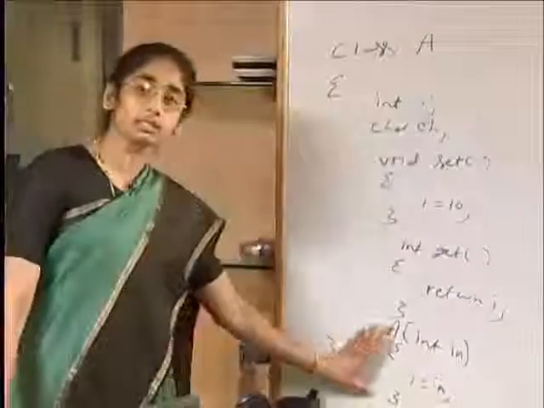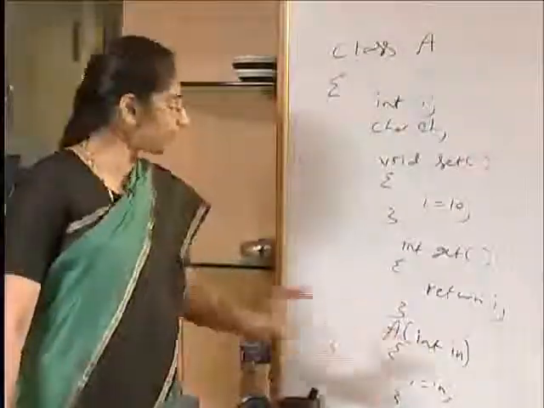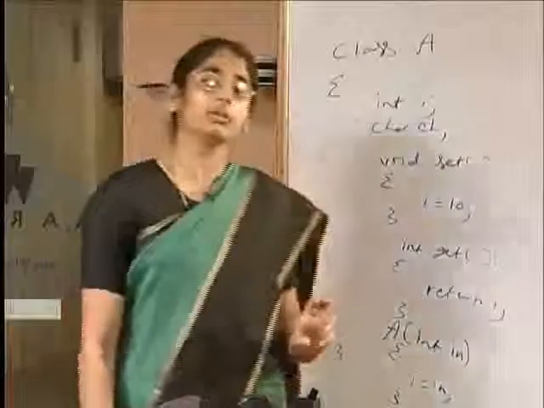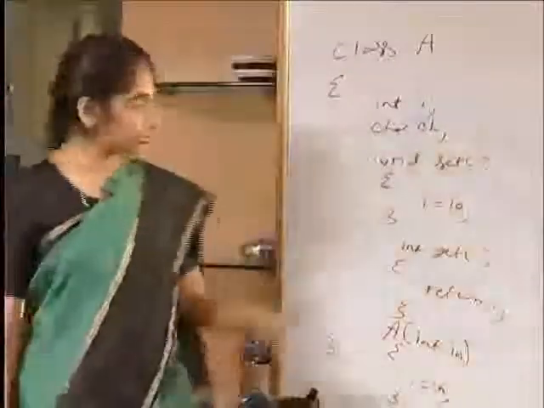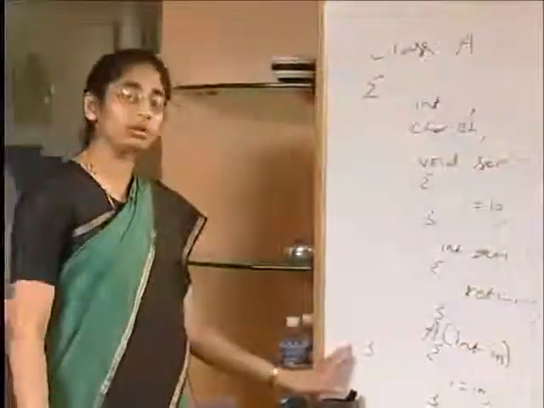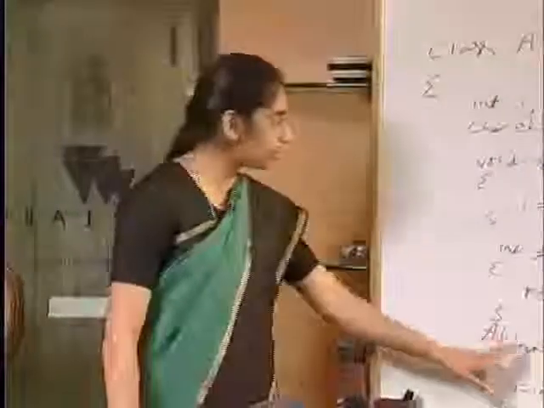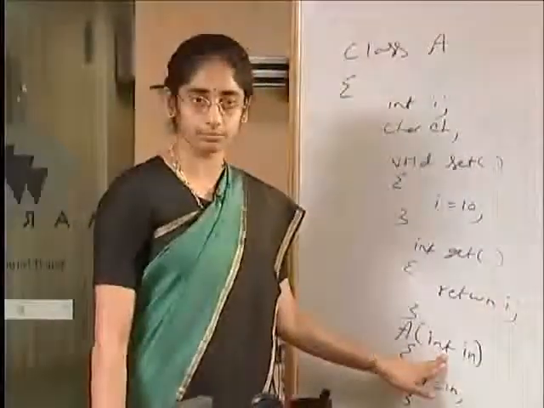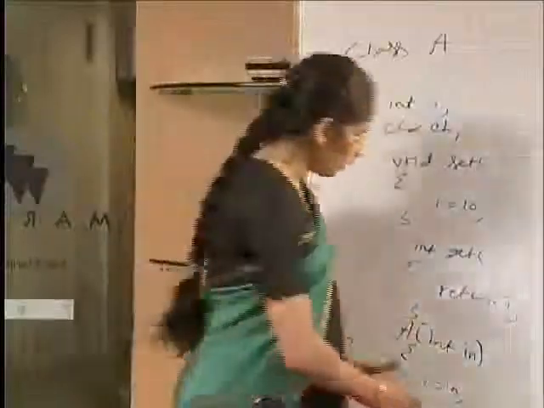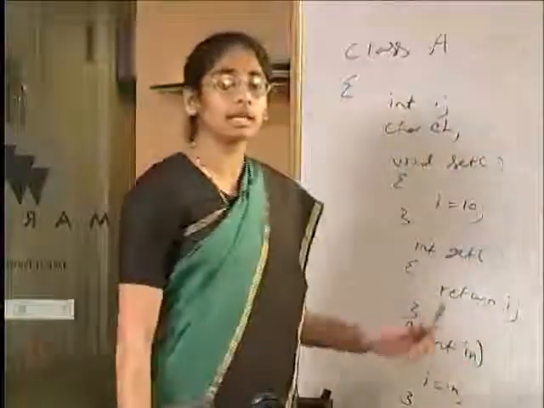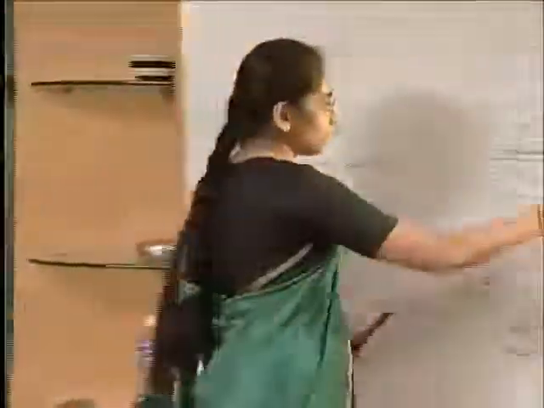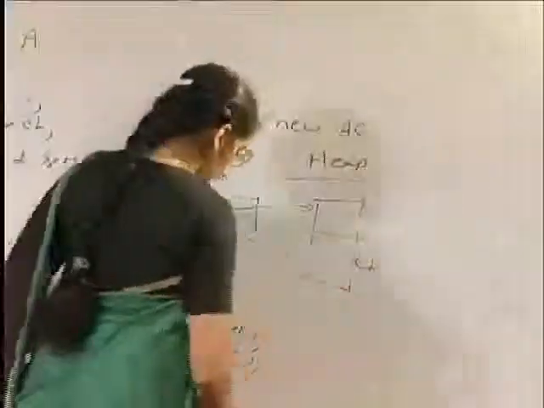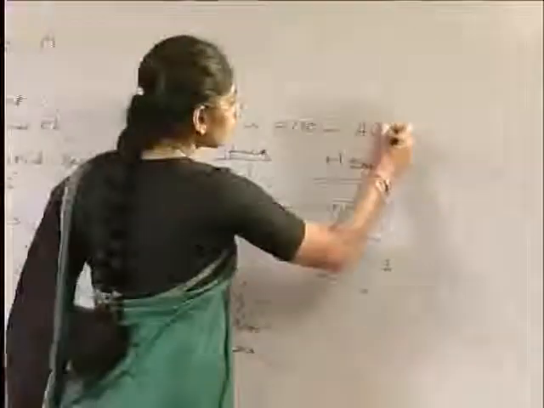Now when we write a constructor in a class, the compiler will no longer insert the default constructor. So for this particular class, we no longer have a default constructor, we just have a parameterized constructor. So in order to create an instance of the class A, since there is only one constructor available, you need to create an instance by passing the int parameter.